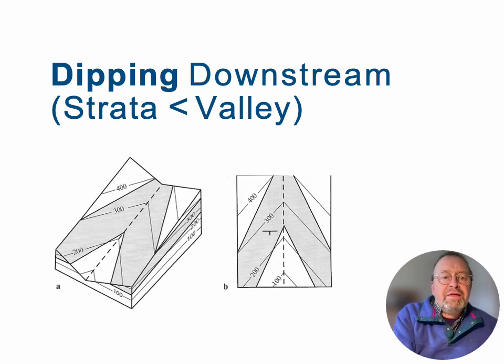So if the unit is dipping, however, down the valley, again, the valley here is dipping towards the bottom left here, and if our geological unit is dipping in the same direction, then we get a really enhanced V-type shape, right? Not the suppressed one we had when the rock was dipping in the opposite direction from the topography.